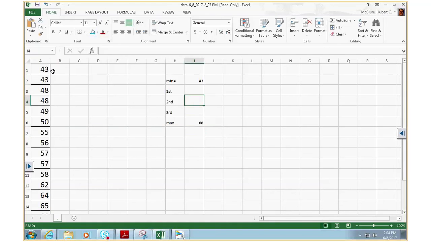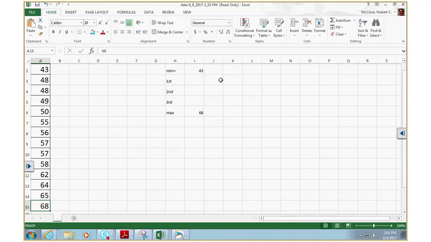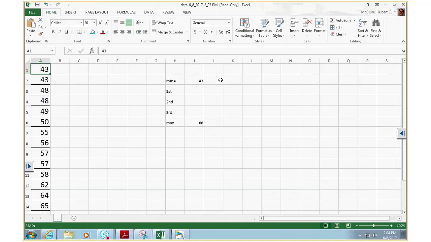I know. 1, 2, 3, 4, 5, 6, 7, 8, 9, 10, 11, 12, 13, 14, 15. Yay! Why did I say yay? Because I just have to find the middle. 1, 2, 3, 4, 5, 6, and there's the middle, right? There's 15, 7, so there's the middle.